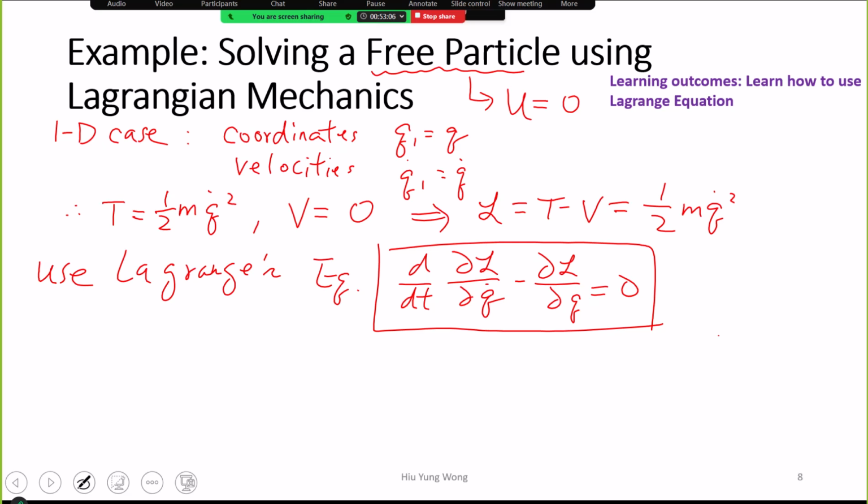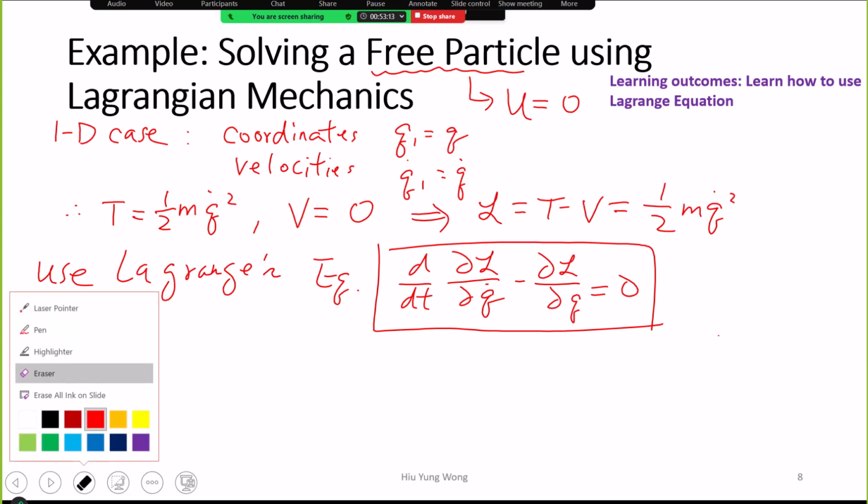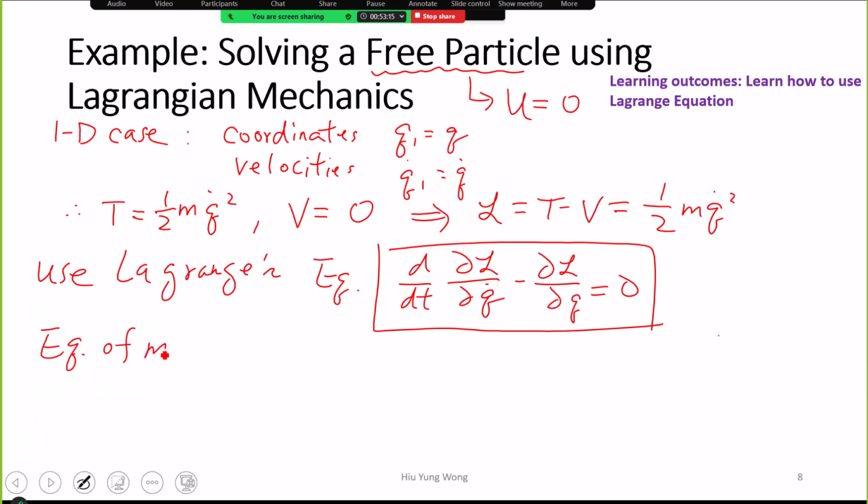So then what do we do? Then it means the equation of motion of the system is, I'm going to write d dt of partial L partial q dot. What's L?